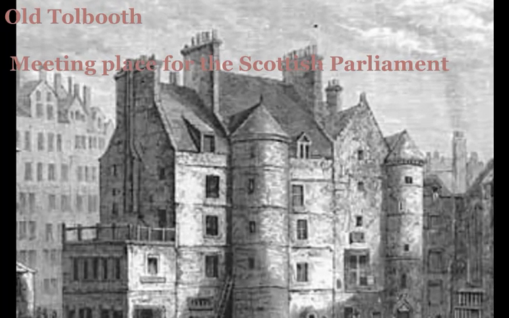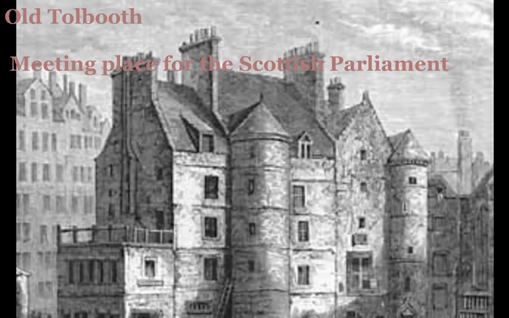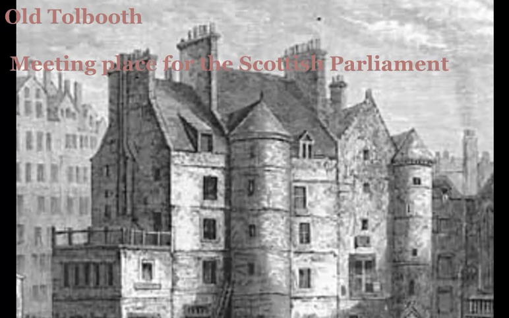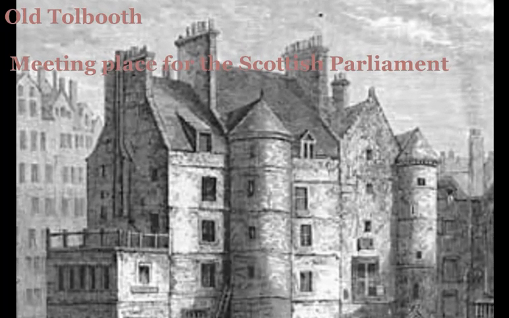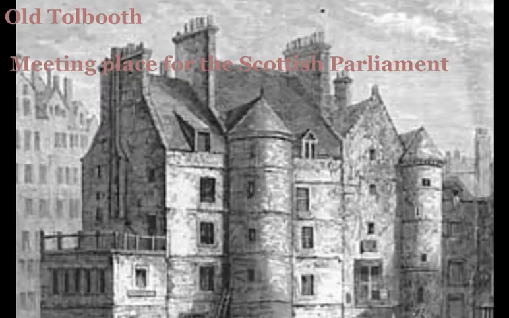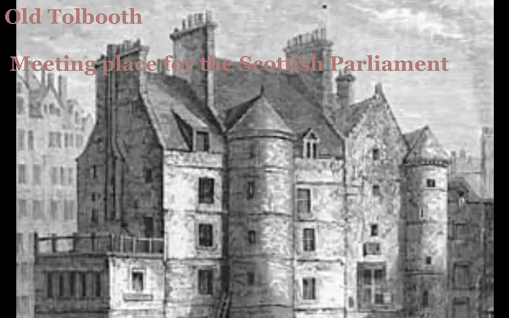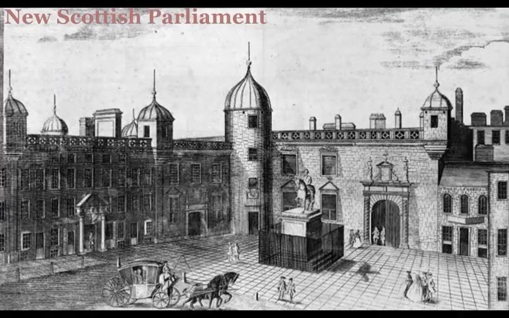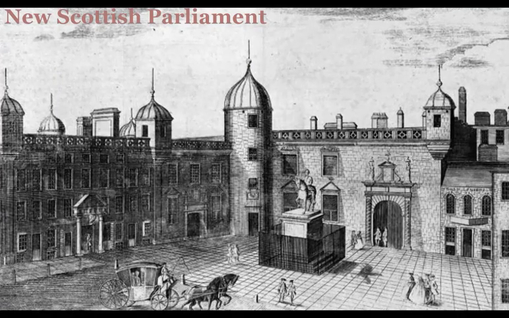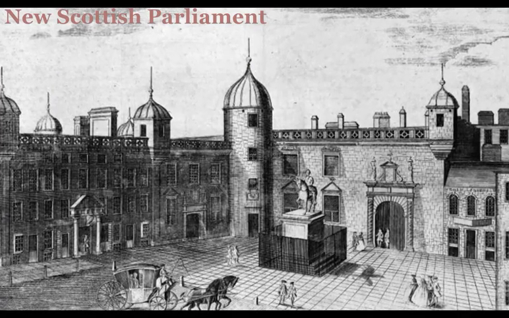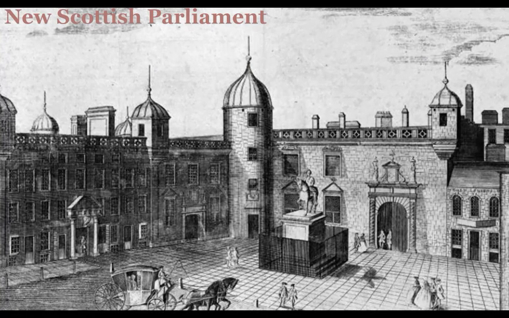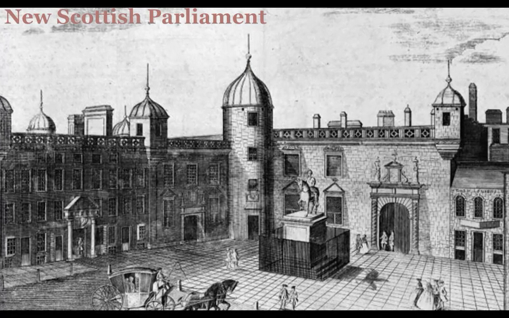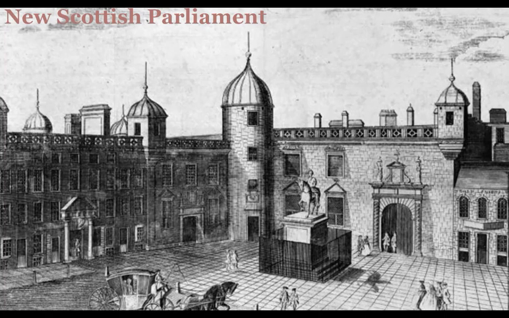So, the Duke of Queensbury, a Scottish peer who was a favourite of Queen Anne, was sent up to help push through this Act of Union. And it wasn't just one act. There was a treaty, and then there were about 30 different acts passed by the Scottish Parliament.